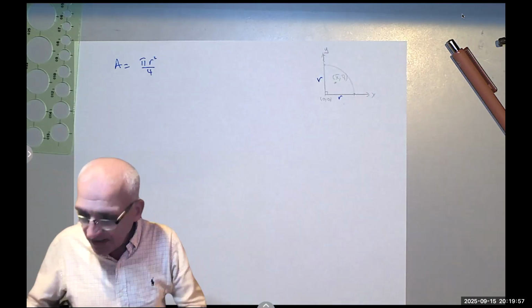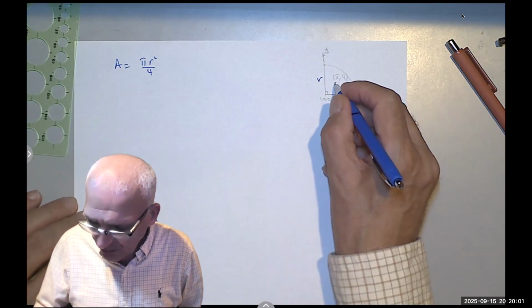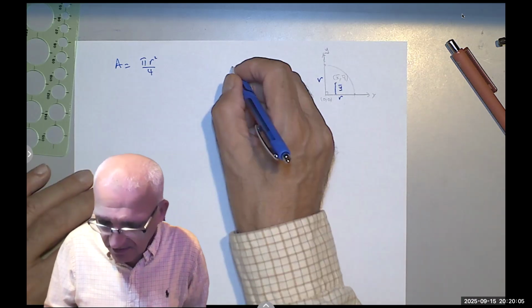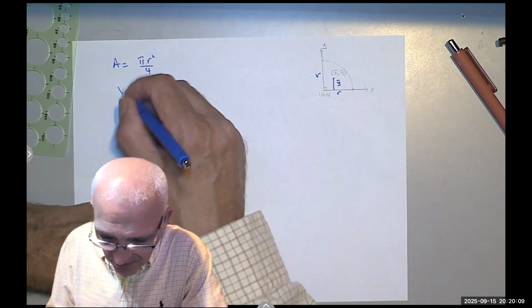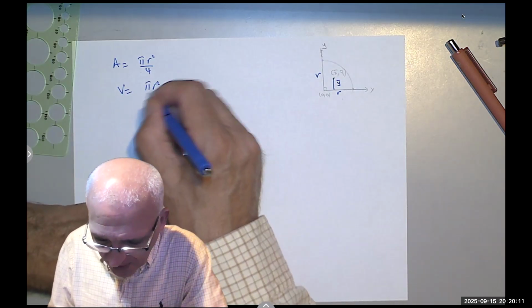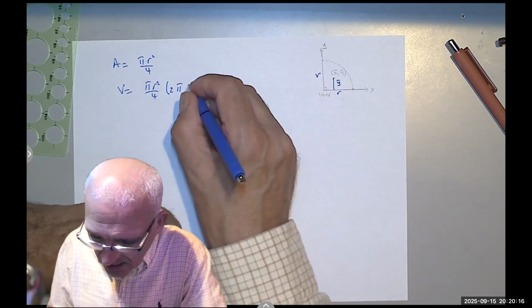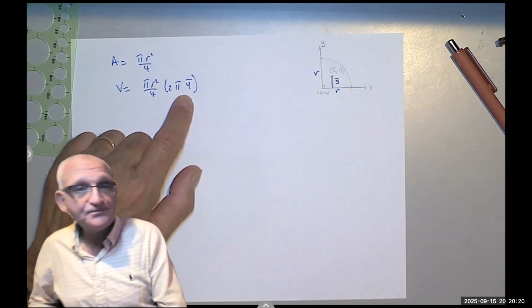If the centroid is here, I'm going to call it y bar. I don't know it, but when I rotate it, the volume would be pi r squared over 4 times 2 pi y bar. But I don't know y bar.